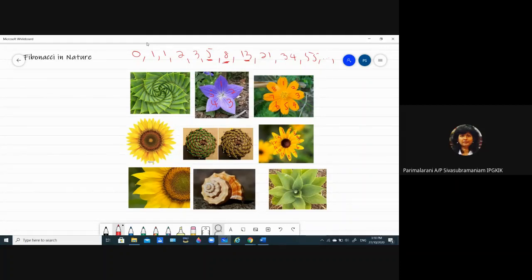How about this flower here? It's a sunflower, I think. How many petals are there here? I think you can count. 1, 2, 3, 4, 5, 6, 7, 8, 9, 10, 11. Anybody can tell me how many petals are there here?